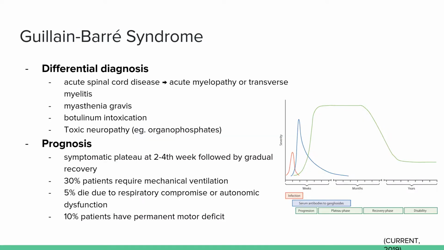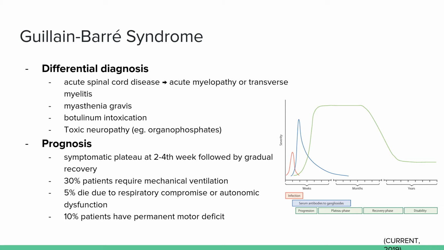Some of the diseases that we have to keep in mind for the differential diagnosis of Guillain-Barré syndrome are acute spinal cord disease, like acute myelopathy or transverse myelitis, myasthenia gravis, botulinum intoxication, and toxic neuropathy.